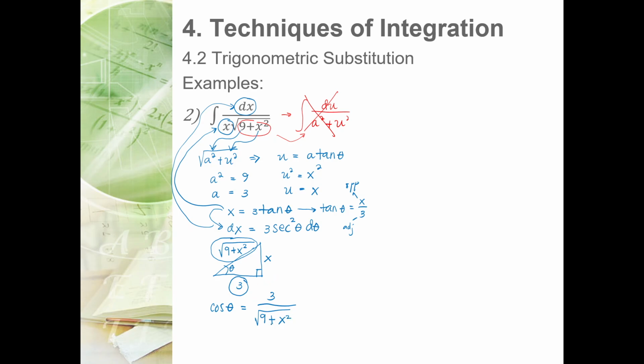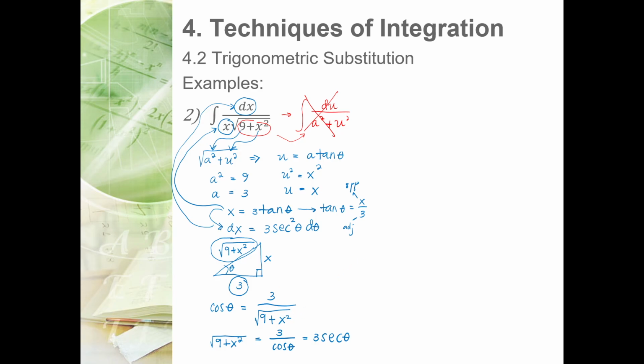Since we are trying to replace the square root function, we have to isolate it. The square root of 9 plus x squared is equivalent to 3 over cosine theta, or we can represent it also as 3 secant theta. Right? 1 over cosine is secant. It depends on how you pronounce the trigonometric function.